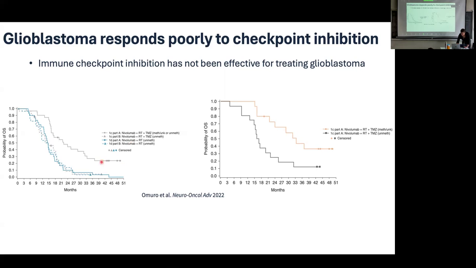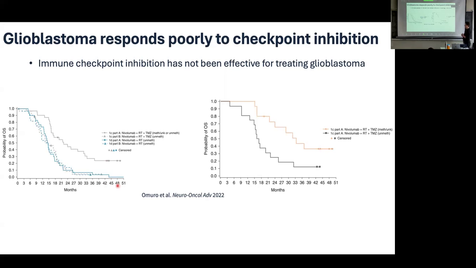You can see there are a subset of patients here who did exhibit higher survival, but the majority did not. These patients actually turn out to have a type of methylation. This is a separate group of patients who do derive a benefit from immune checkpoint blockade. But the majority of patients with glioblastoma do not.